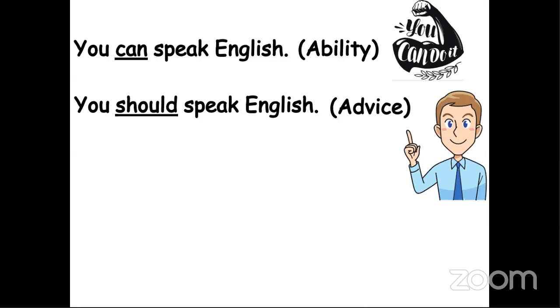So probably he is giving advice, you should speak English. And if I remove these two words can and should, the remaining sentences look similar. It is these two modal words which gave the true sense of the sentence. It is these words which gave out the man ki baat of the speaker.